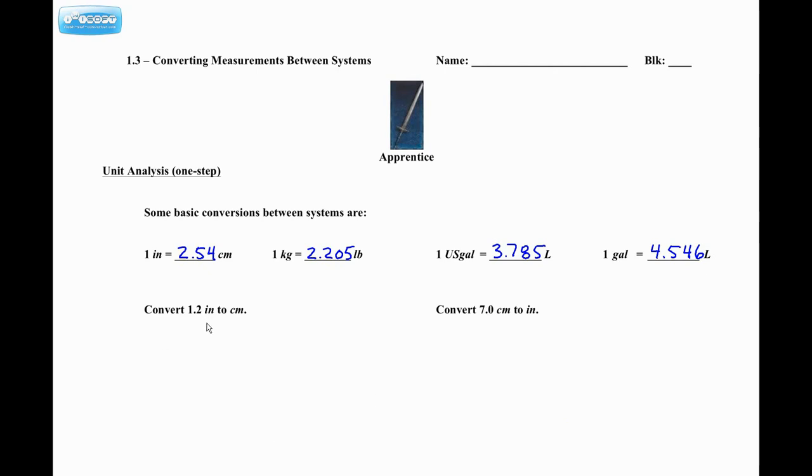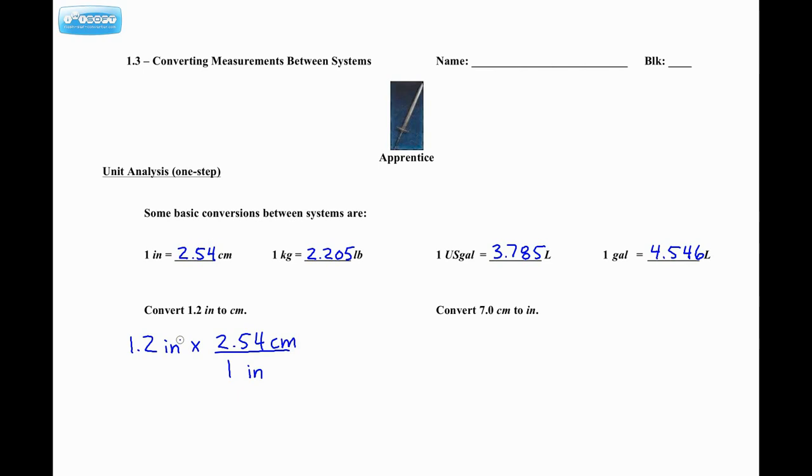Convert 1.2 inches to centimeters. That's pretty easy. So we begin 1.2 inches. And we can go from inches to centimeters quite easily because we have this conversion factor up here. So writing it as a conversion factor, we put the inch on the bottom, hence 2.54 centimeters goes on top.